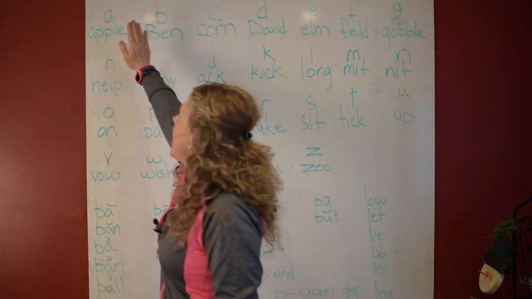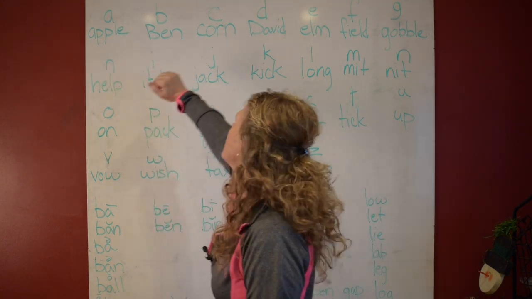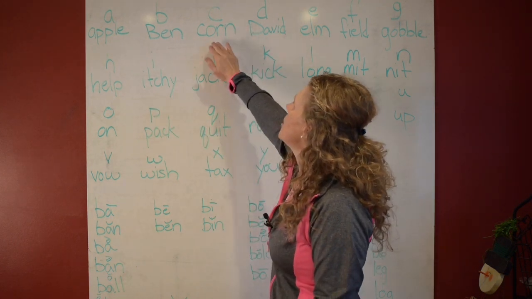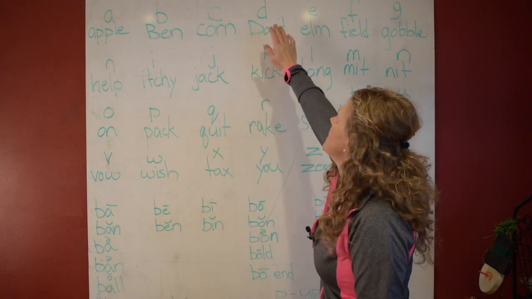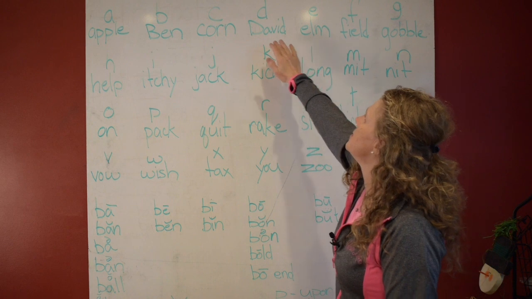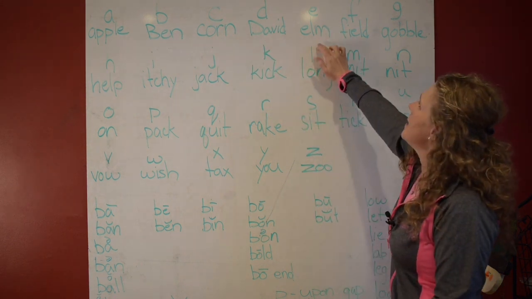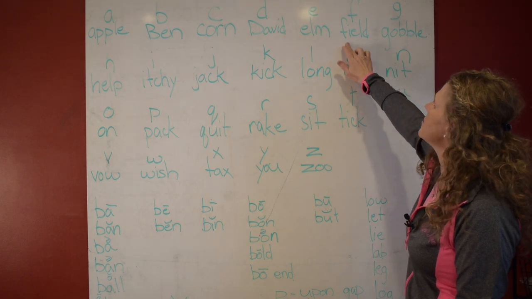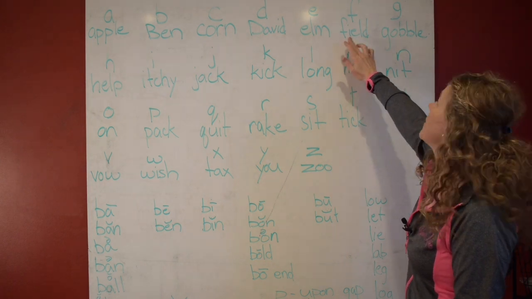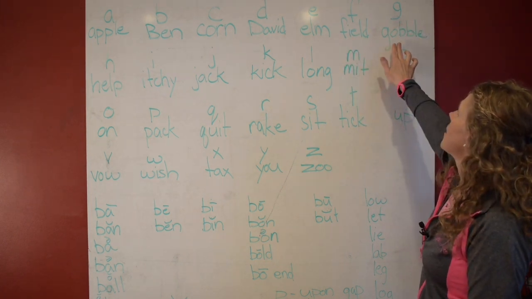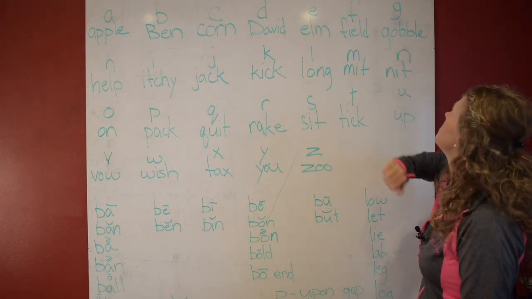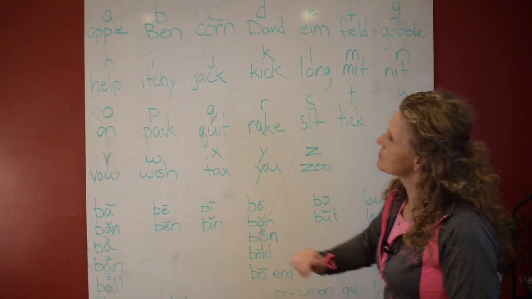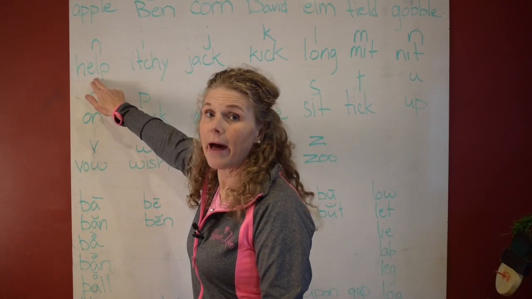So we have A, apple, A. B, Ben, B. C, corn, K. D, David, D. E, elm, E. F, field, F. G, gobble, G. H, help.